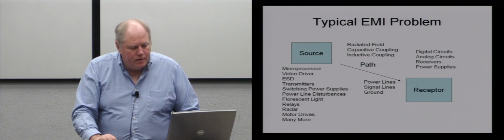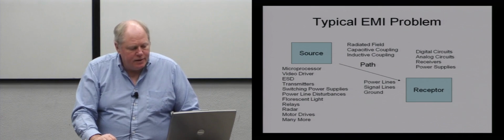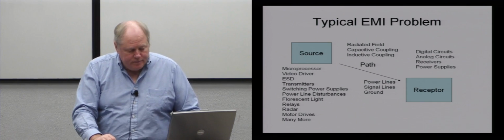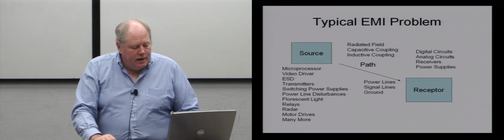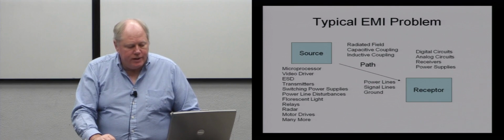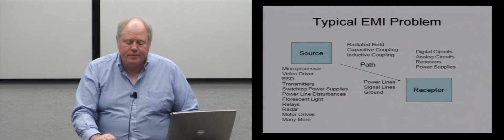So the typical EMI problem you can break into three pieces, and this is a good way to start thinking about something. If you have a problem, you have a source, something that's generating the signal. You have a path, which is however it gets from where it's generated to where it's causing a problem.